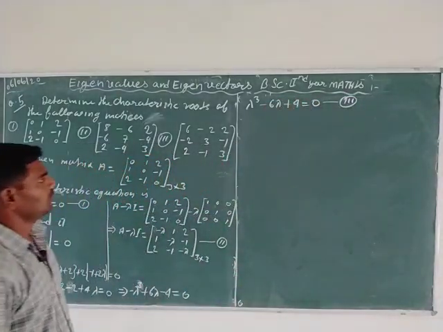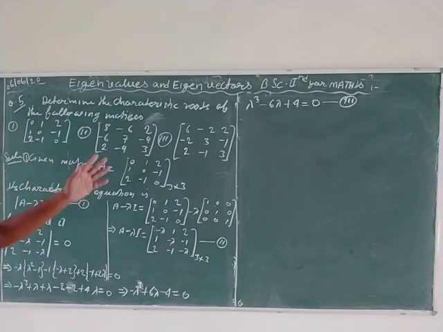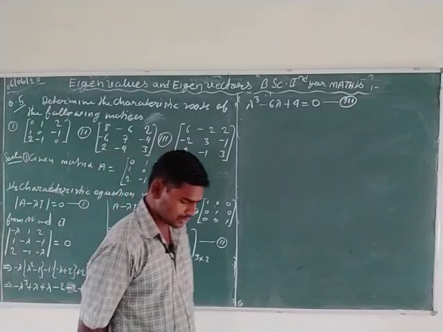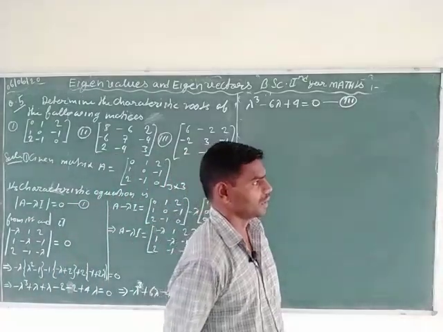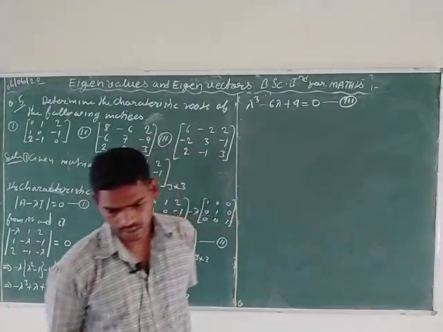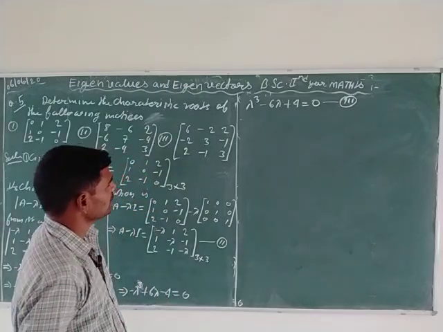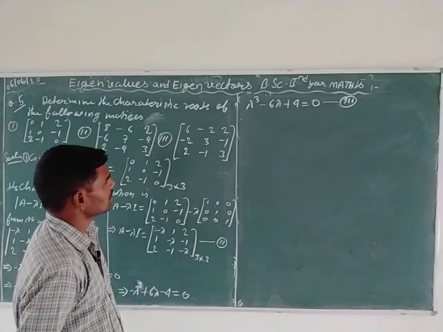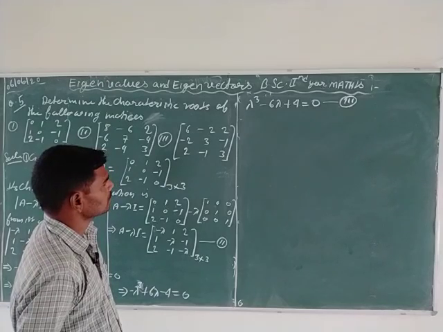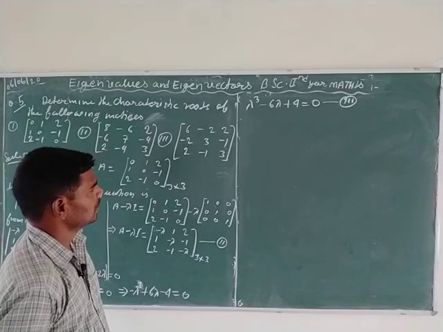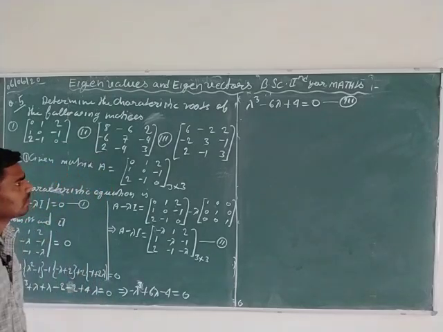Calculate the value of lambda by factorization of equation third, and you can use the factor theorem. For this, putting lambda is equal to 1, we get 1 minus 6 and 4, which is not zero, so you cannot put lambda is equal to 1.